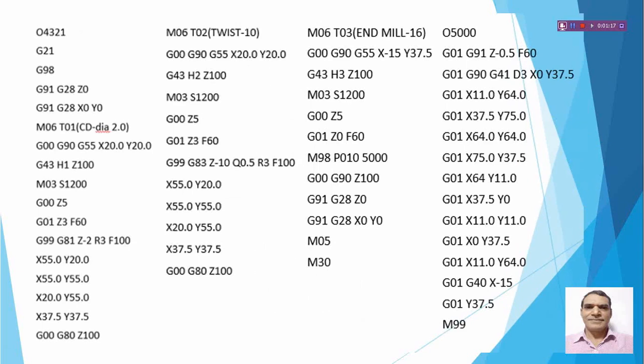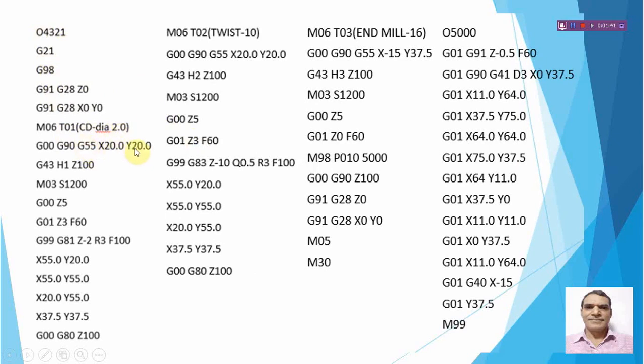And this is the program for this. Start with the capital letter O and following 4-digit number, metric input, feed per minute, incrementally moving the tool to the reference point, calling the first tool, nothing but a center drill of diameter 2 mm, and once again position the cutter at X20 and Y20.